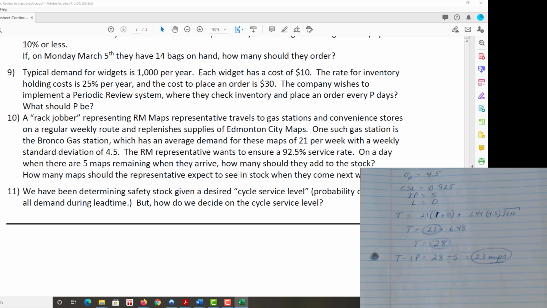And question 11, we have been determining safety stock given a desired cycle service level, the probability of meeting all demand during the lead time. But how do we decide the cycle service level? Now there is the big question, right? And that's a very open-ended question. It depends on the business that we're in, it depends on the cost of carrying the inventory.